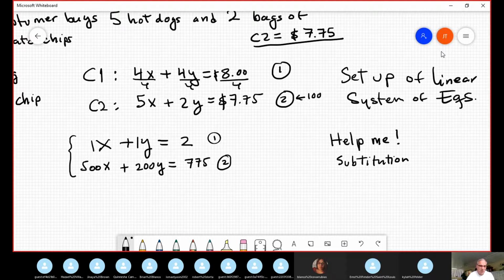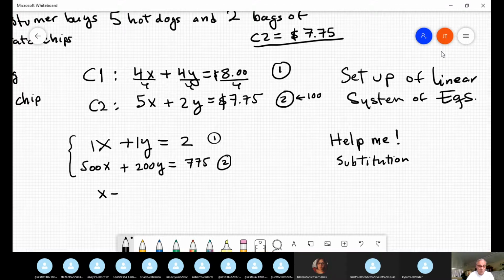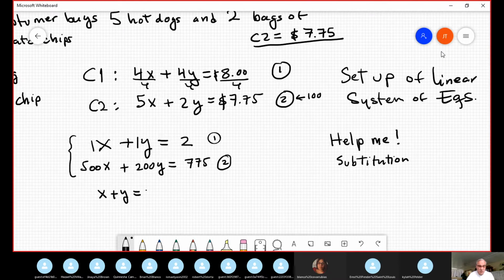For example, in the first equation, x plus y equal to 2, you isolate the y, y equals 2 minus x. And this 2 minus x expression, I substitute here.